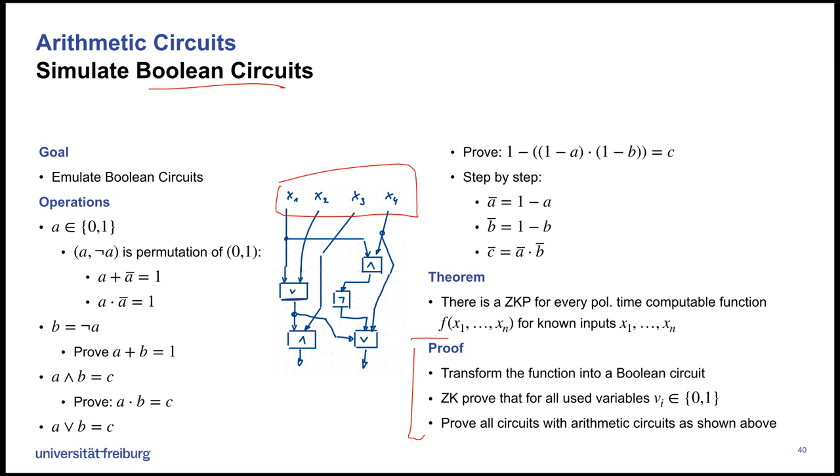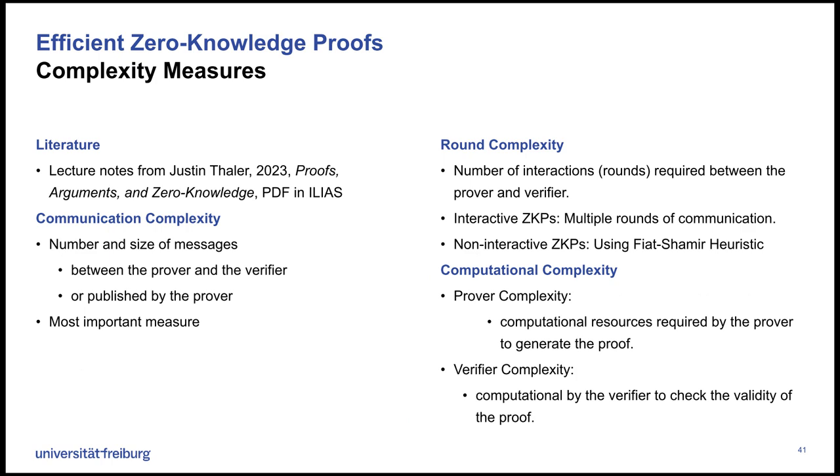But then there was a breakthrough in the year 2018, preceded by some other paper in 2017, where they decreased the complexity a lot, and especially the communication complexity and the round complexity.